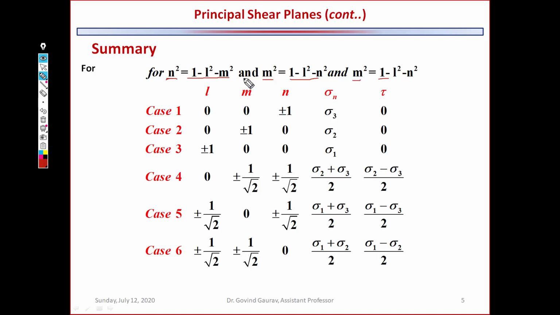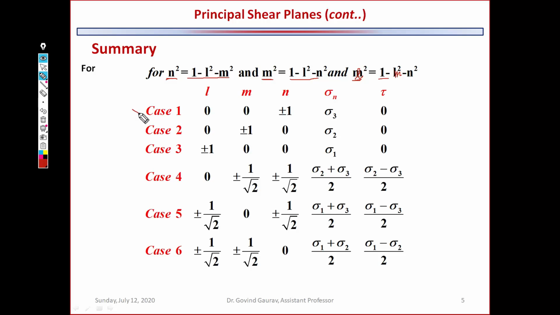We have put it in the forms of n and m. This one will be in the forms of L, so L square is equal to 1 minus m square minus n square. The different possible cases we have concluded were six different cases.